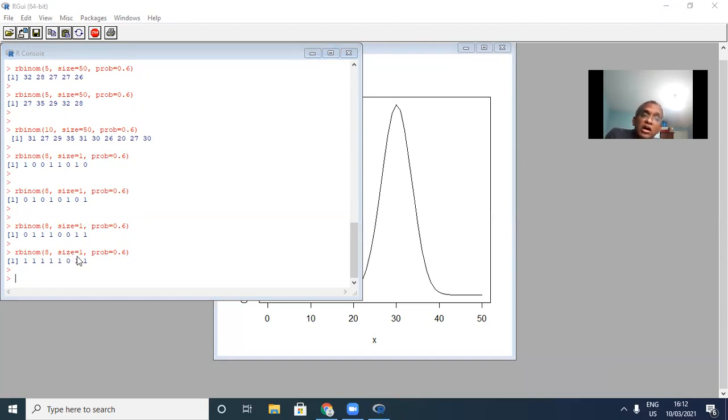So the outcomes must be less than or equal to the size. In this case, the size is 1, so the outcomes can either be 0 or 1. In the case over here, the size is 50, so the outcomes must be less than or equal to 50.